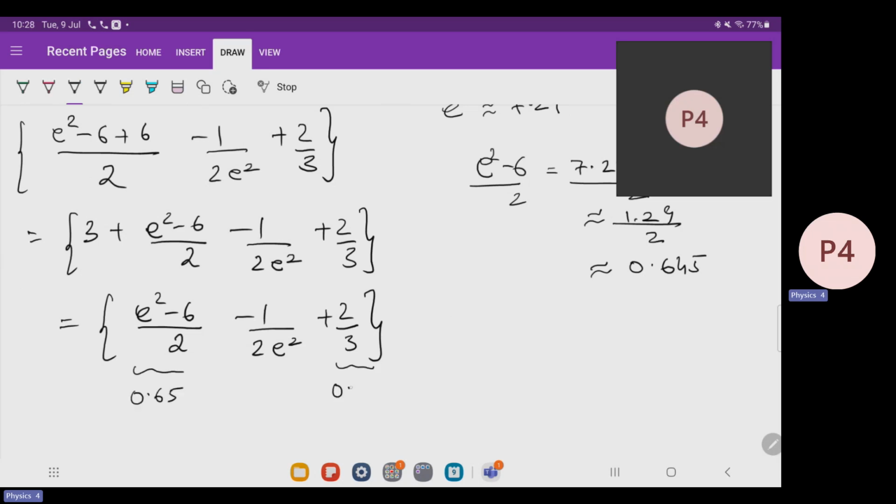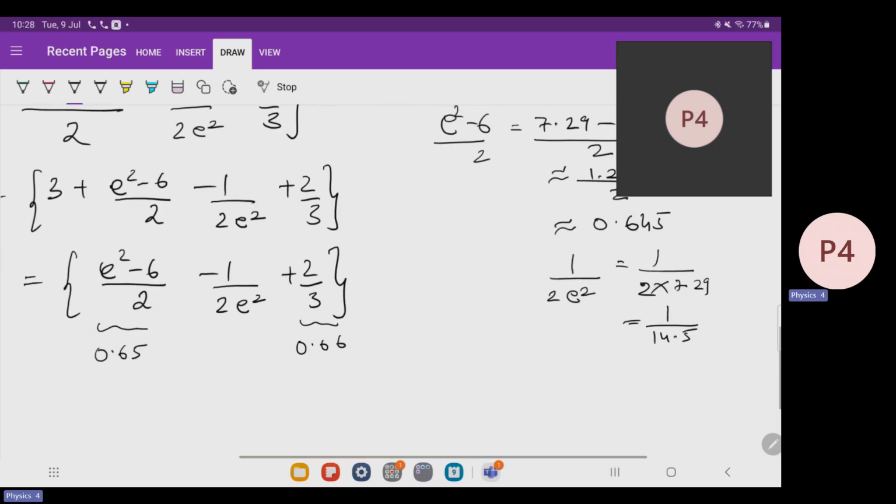What about 2 upon 3? This is 0.66. Now 1 upon 2 e square, again e square being 7.29, this would be 14.6. Let us take 14.5 if you approximate it. Again, these are all approximate values.